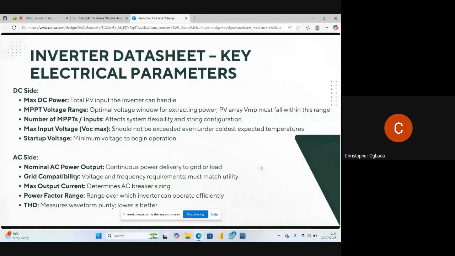So you have the THDI. This is actually the total harmonic distortion. Any inverter you see these days, they will say it is a pure sine wave. But let me tell you, that is because the regulation has a porosity in the system. It's not all the inverters that are really pure sine wave. When you see that the THDI of an inverter is very high, it means that inverter has a high current distortion.